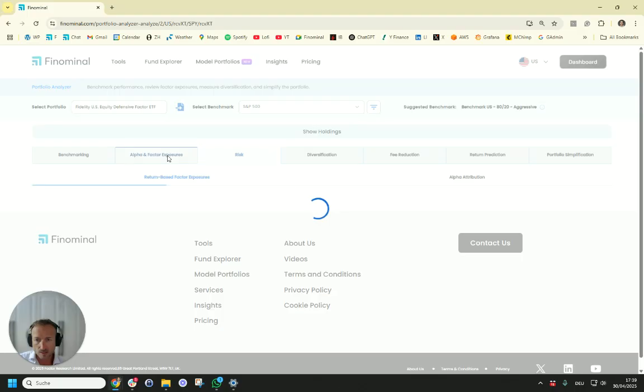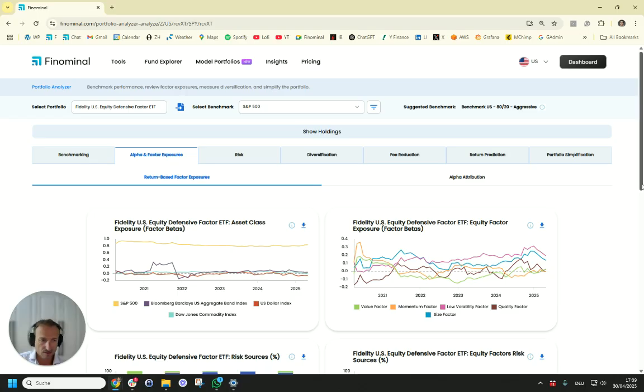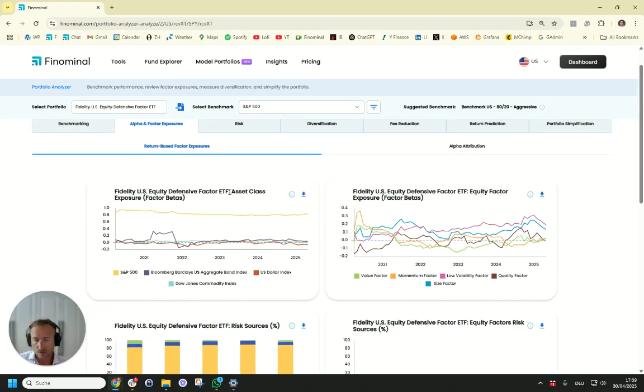One way to look at that is to do a simple factor exposure analysis. We can do that for asset classes as well as for equity factors. What we see here is that of the betas to major asset classes, the only relevant beta is the one to the S&P 500, which is on average 0.8. That also explains why on average the drawdowns of this portfolio are lower than that of the market, because your beta is lower, at 0.8.